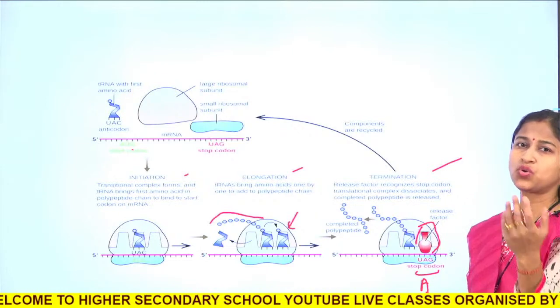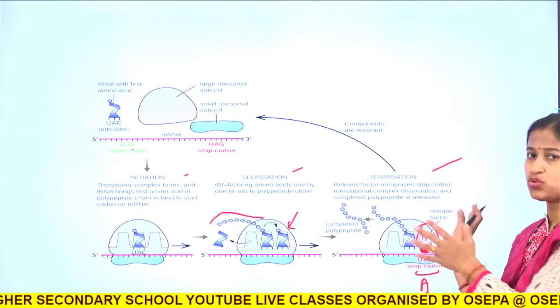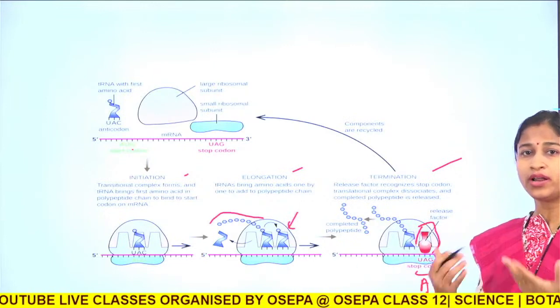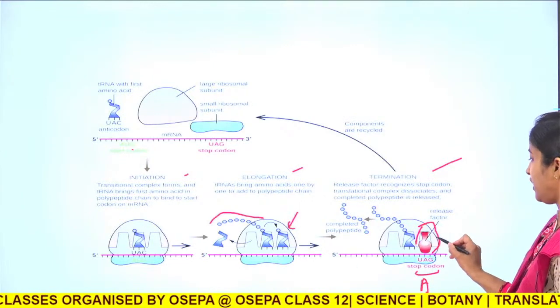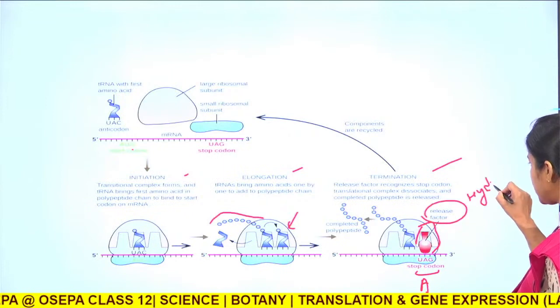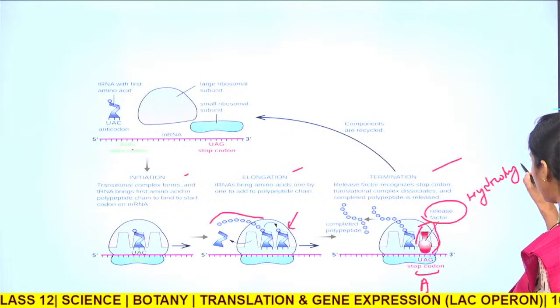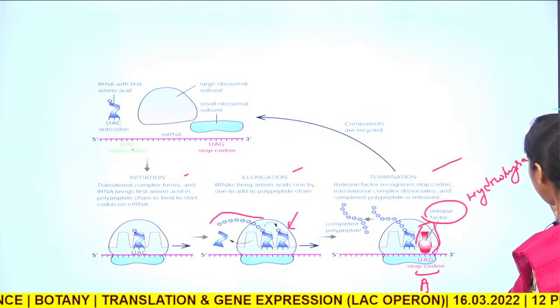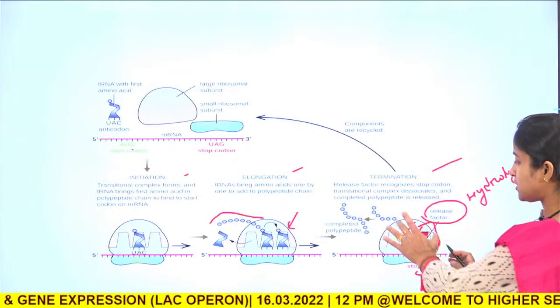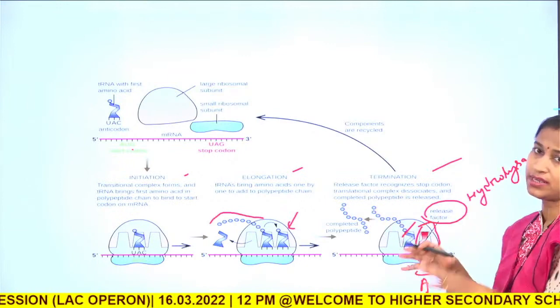As there is no amino acid that has to bind to the peptidyl chain, the peptidyl chain cannot elongate further. So this release factor hydrolyzes, or cuts, this polypeptide chain and everything is released.